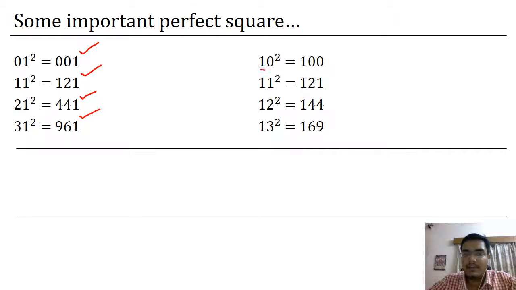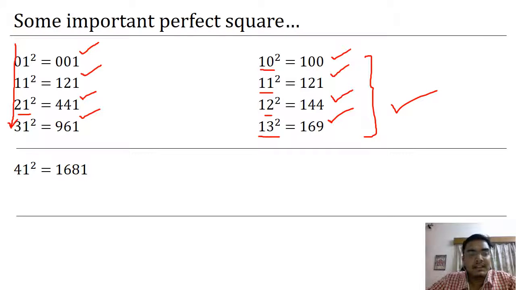What will we get? 10. Shifting 11 won't yield anything. Shifting 21 will become 12, and shifting 31 will become 13 square. And what are these squares? 100, 121, 144, and 169. So when we reverse these numbers, that is 1, 11, 21, 31, their squares also get reversed as they are.